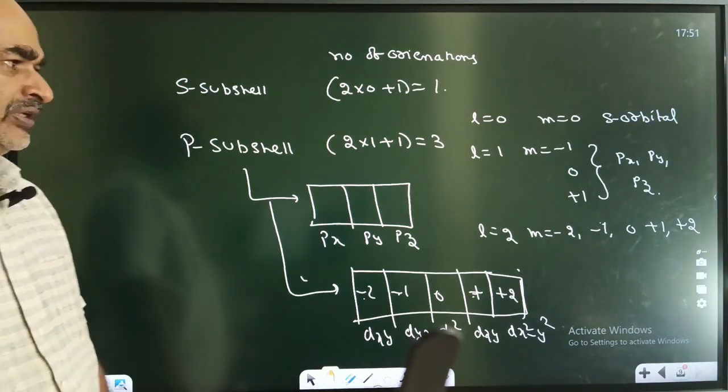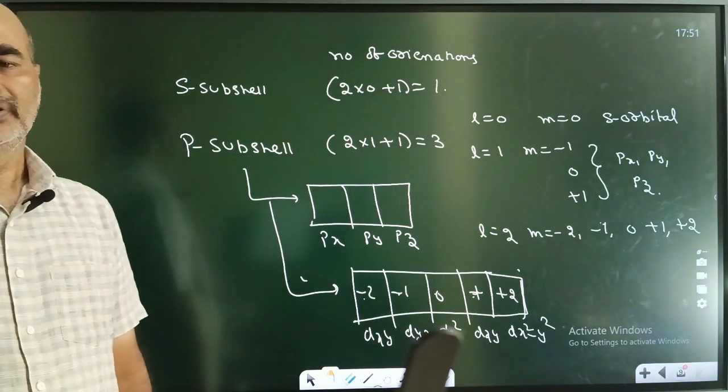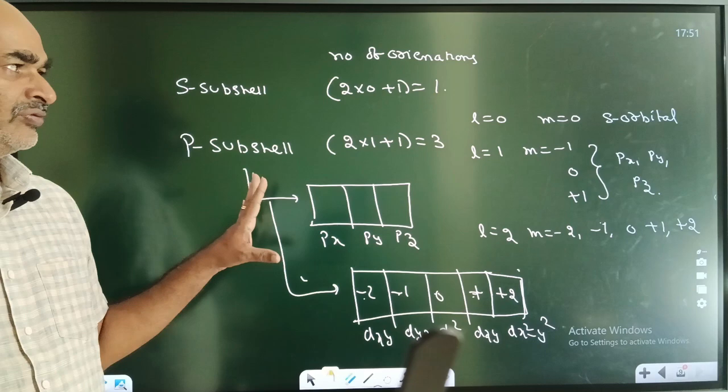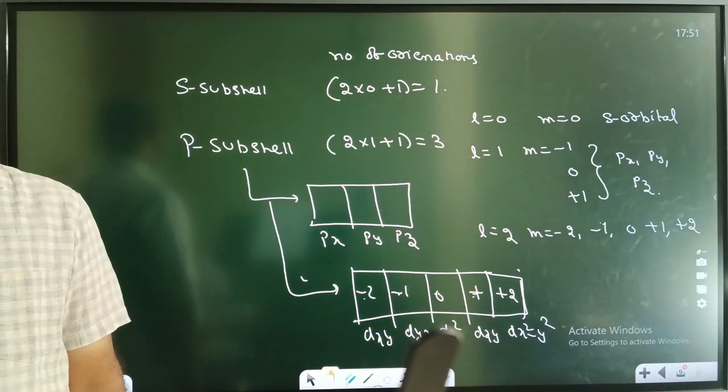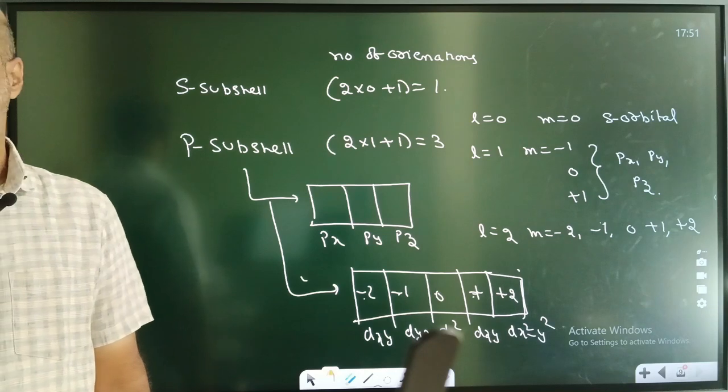This is the magnetic quantum number. The magnetic quantum number determines the orientation of the orbitals.